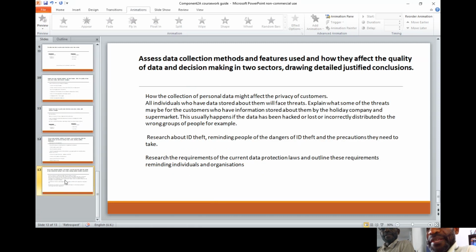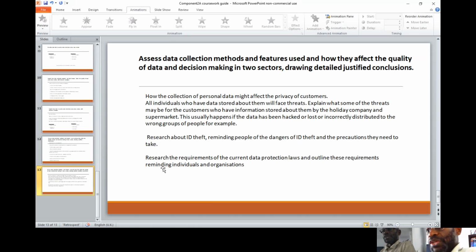And the final slide here, then, is the assessment. Assess data collection methods and features used and how they affect the quality of data and decision making in two sectors, drawing detailed justified conclusions. Okay.